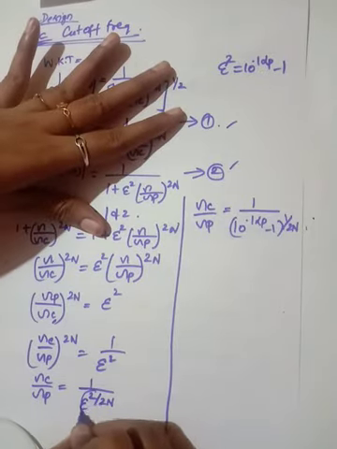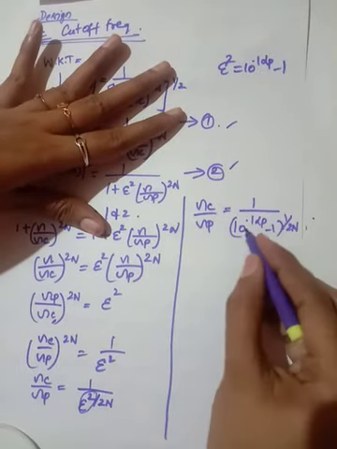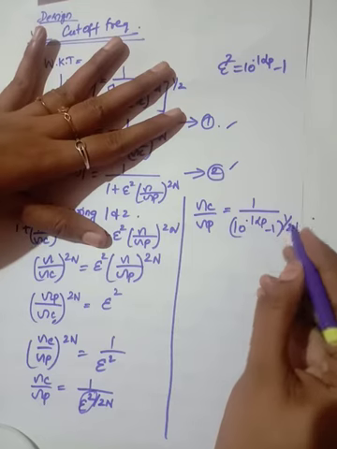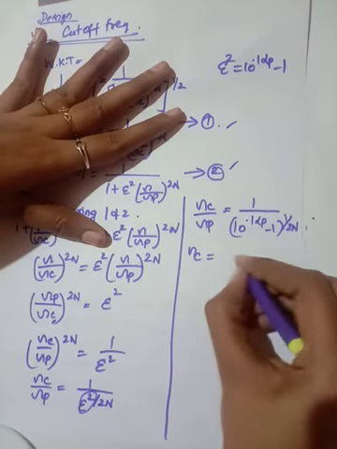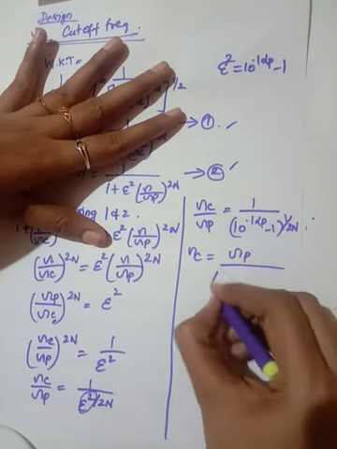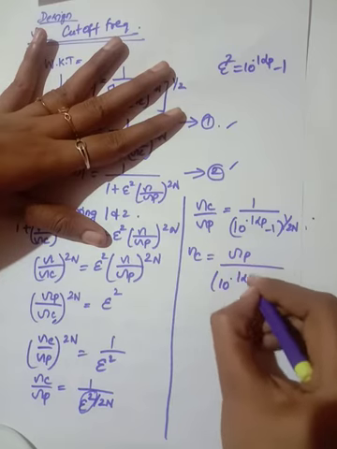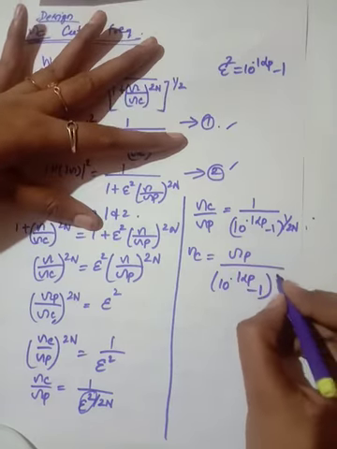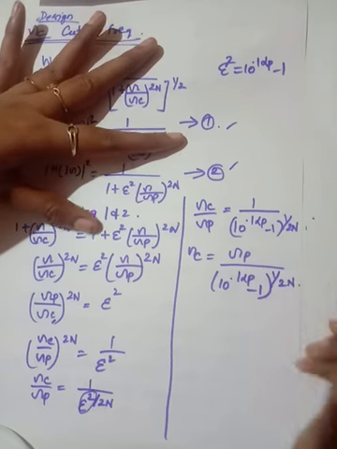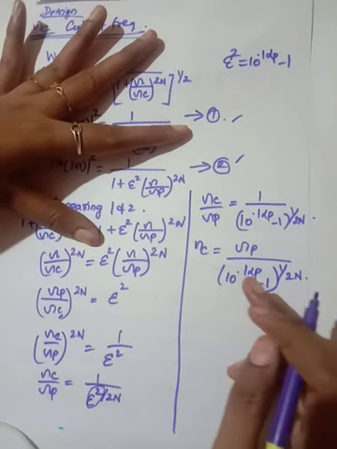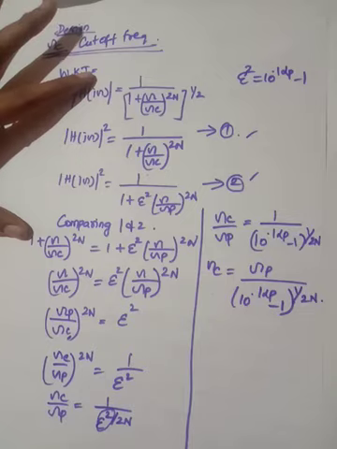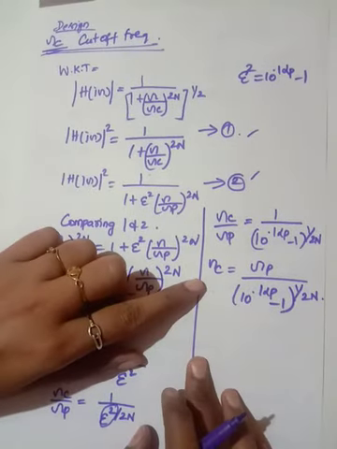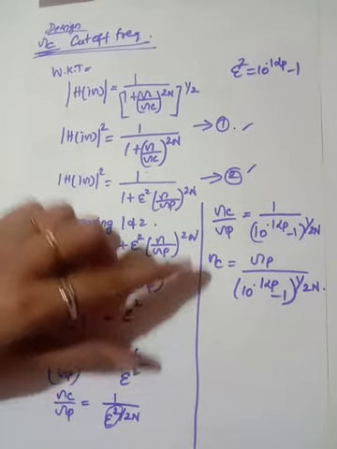So the cutoff frequency omega c is equal to omega p divided by (10 power 0.1 alpha p minus 1) the whole power 1 by 2n. So this is your cutoff frequency, and it can be obtained using this formula.